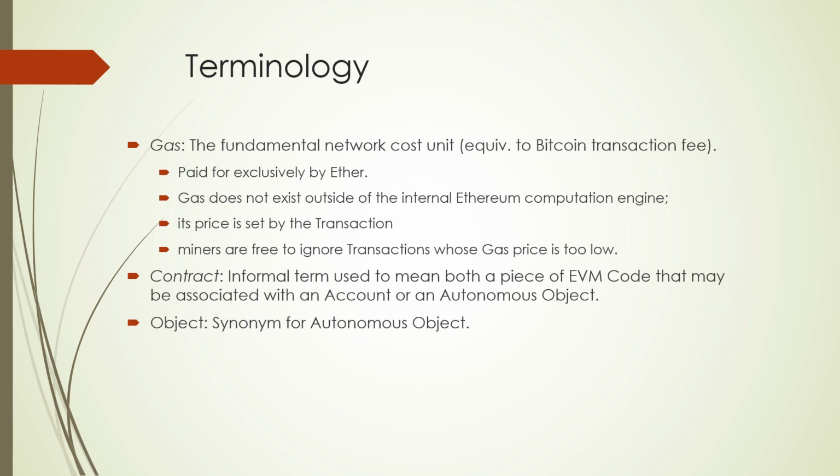And the next term is contract, which is an informal term used to mean both a piece of EVM code that may be associated with an account or an autonomous object. We talked about smart contracts before, and object is an alternative word for autonomous object.